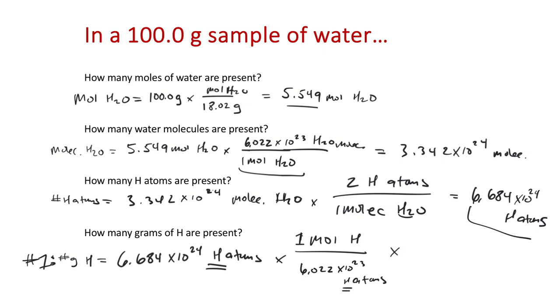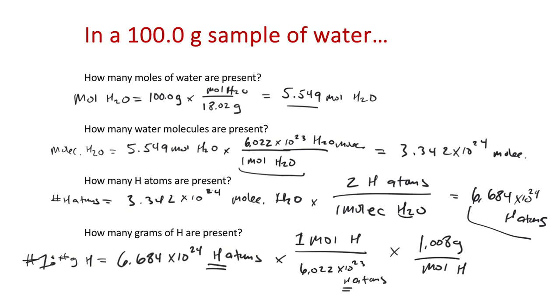And then we can just use the molar mass of hydrogen from the periodic table. It's 1.008 grams per mole. So 1 mole of hydrogen, 1.008 grams. So if I divide my previously calculated H atom count by 6.022 times 10 to the 23, that's the moles of hydrogen present in the sample.